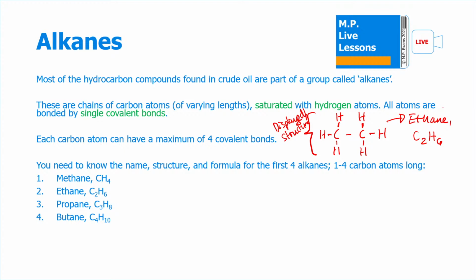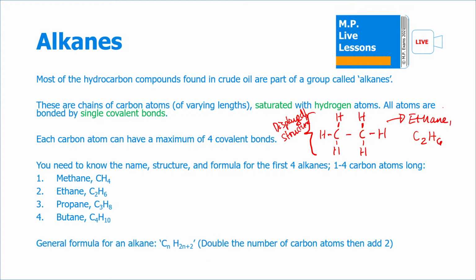So if we keep doing this, we actually see a pattern. The general formula for an alkane is CnH2n+2, where n is the number of carbon atoms.